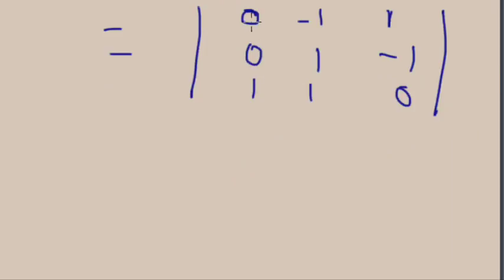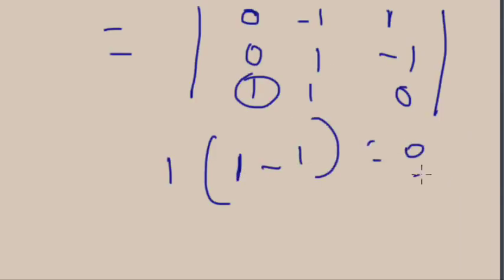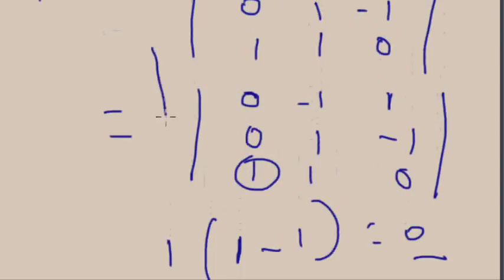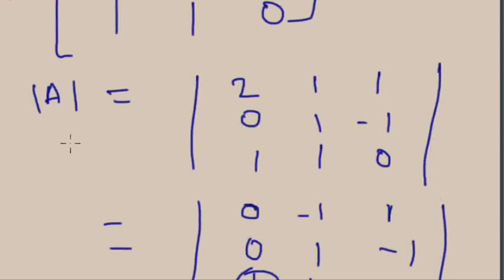In this, I am expanding through this column. So 0, and for 1 into 1 is 1, minus 1 into minus 1 is 1, minus 1 into 1 is 1, so 0. That means the determinant value of A is 0.